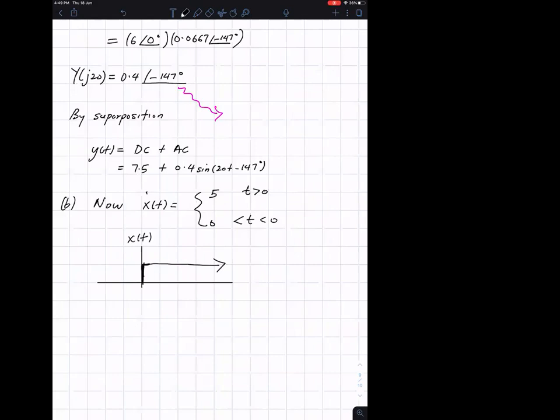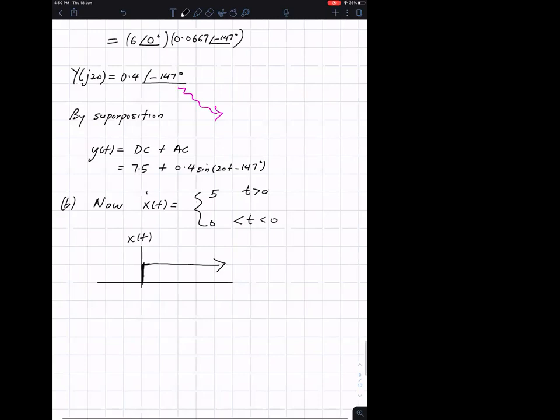Earlier on, we had an input that was given, a DC plus AC. Right now, our input is a step function.